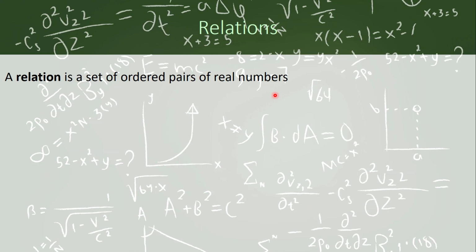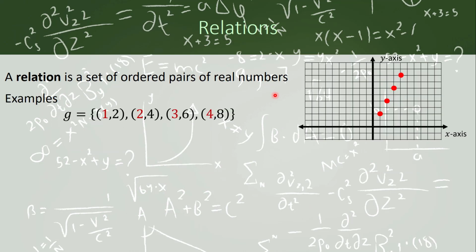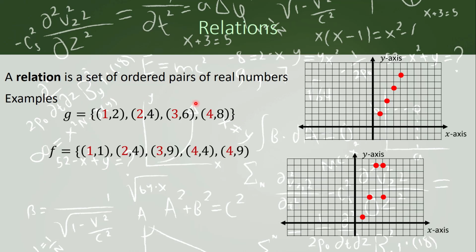Okay, so what is a relation? Well, basically, a relation is nothing more than a set of ordered pairs. Now, it can be a finite set, like this relation here, or this relation here, or it can actually be an infinite set of ordered pairs, and in some cases it can even be a countably infinite set of ordered pairs.